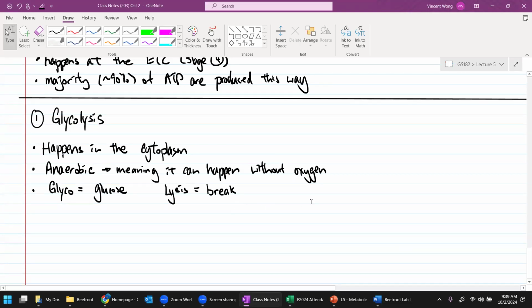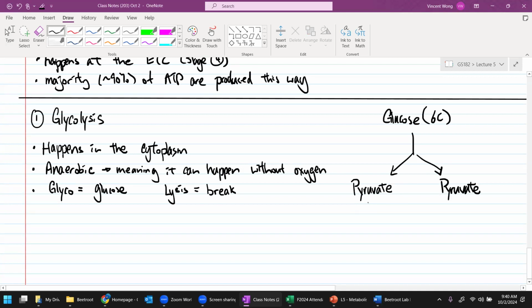How many carbon atoms are there in a glucose molecule? 6. So if you break it into two equal parts, how many carbon in each? 3, exactly. So basically, in glycolysis, you're taking glucose, which is 6 carbon, and we are splitting it into two equal halves. Each half is called a pyruvate. And this happens in the cytoplasm.